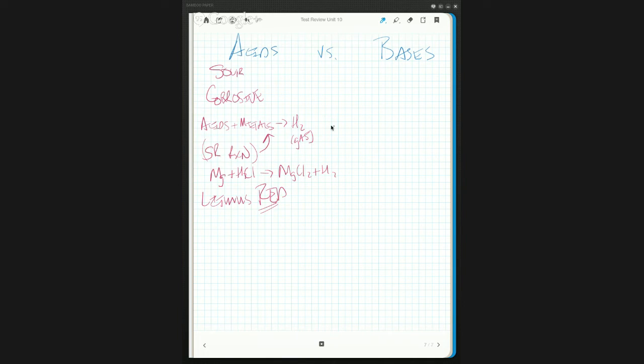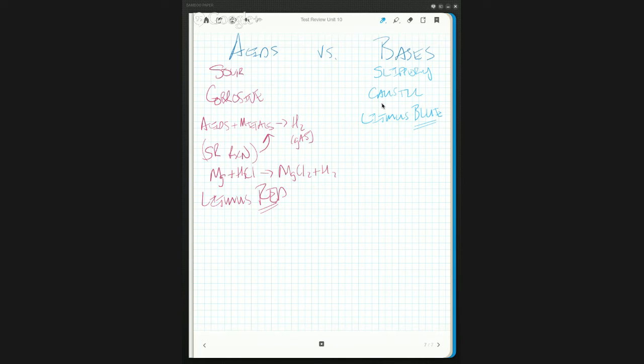And we'll make the bases blue. Bases are slippery. They are caustic. Litmus turns blue, which is pretty straightforward.